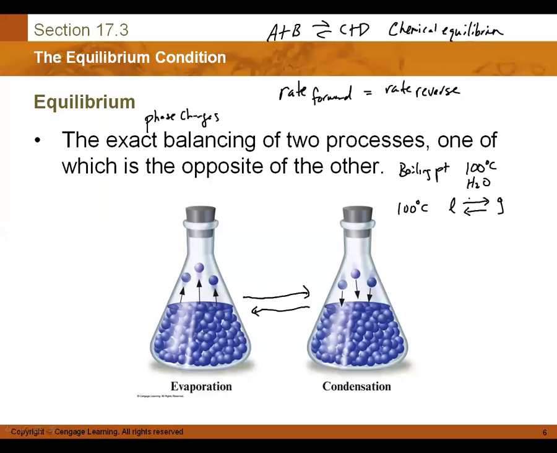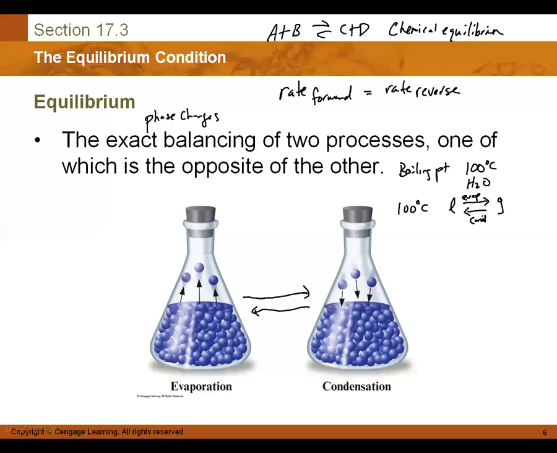Exactly at 100 degrees, that's when evaporation occurs, going this way, and at exactly 100 degrees, that's when condensation occurs, going the other way, from gas to liquid. Remember that exactly at 100 degrees, we have both of those phases in equilibrium with each other, and what that means is both phases are actually present at that point.